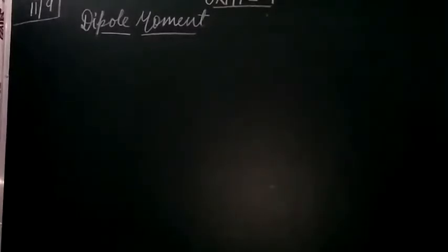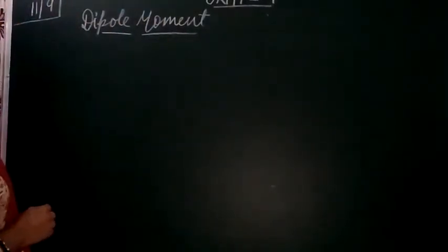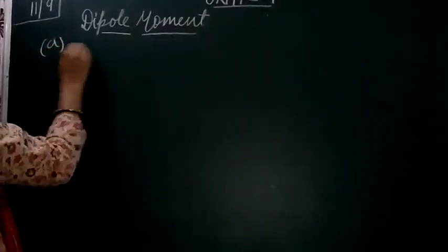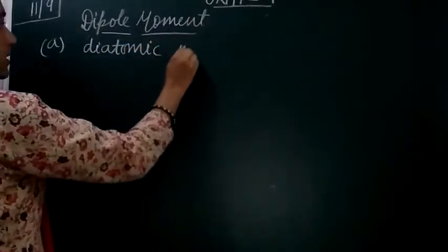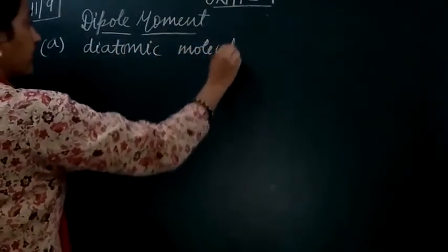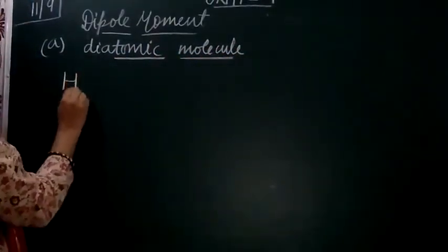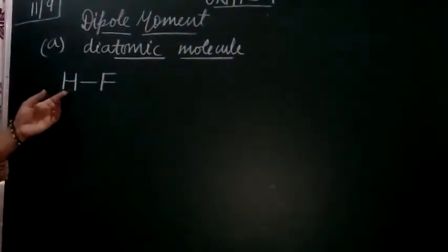Now students, we will try to find the dipole moment of a diatomic molecule and a polyatomic molecule. Let's take the first example of a diatomic molecule. Here, this is hydrogen fluoride, HF.